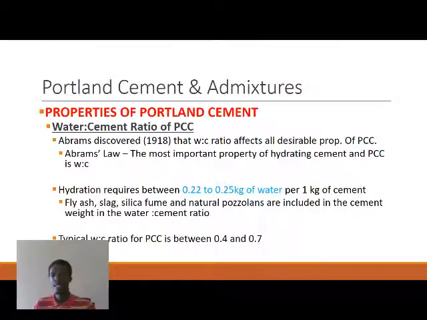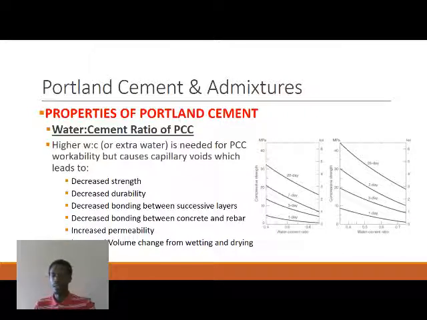It also determines setting time and affects strength, because if there is not sufficient water, we talk about cracking and things like that. Usually the typical water to cement ratio for concrete is between 0.4 to 0.7, so you want to note that. That's an important point. If you have a higher water cement ratio, you get improved workability.